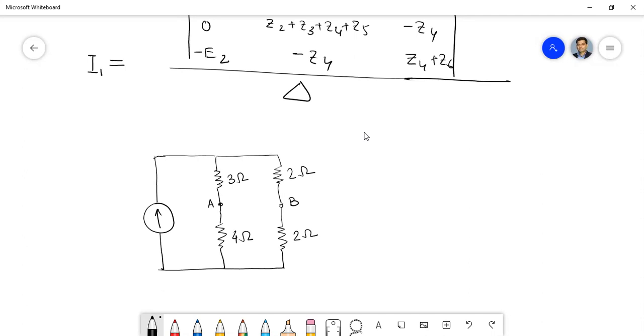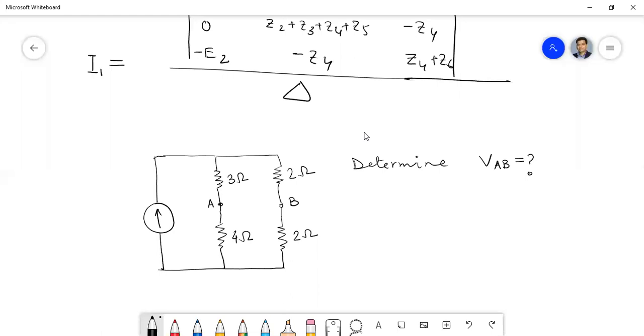So you have to calculate the voltage between A and B. Can we solve this by the loop current technique or mesh current technique or not?